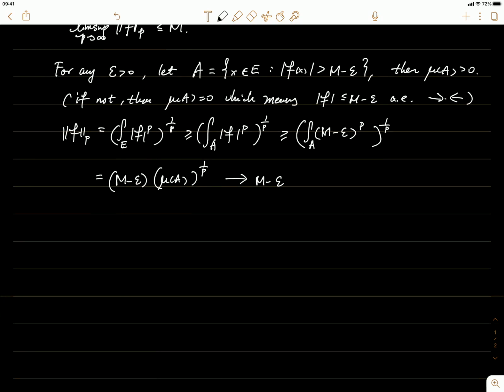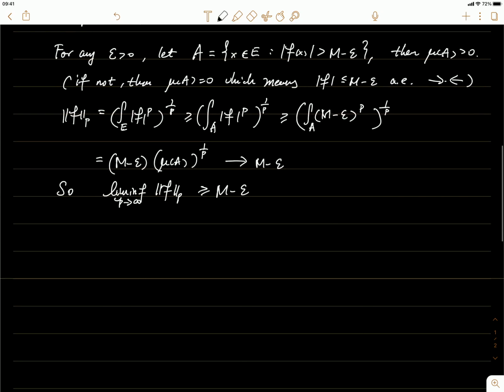Okay, and then this goes to m minus epsilon. So that means the inf, or the lower limit, of the L^p norm of f as p goes to infinity is bigger than or equal to m minus epsilon. Because epsilon is arbitrary, the lower limit of the p norm of f is bigger than or equal to m.